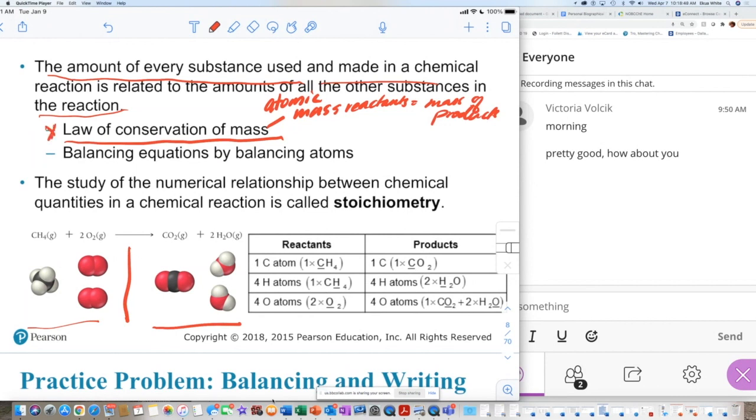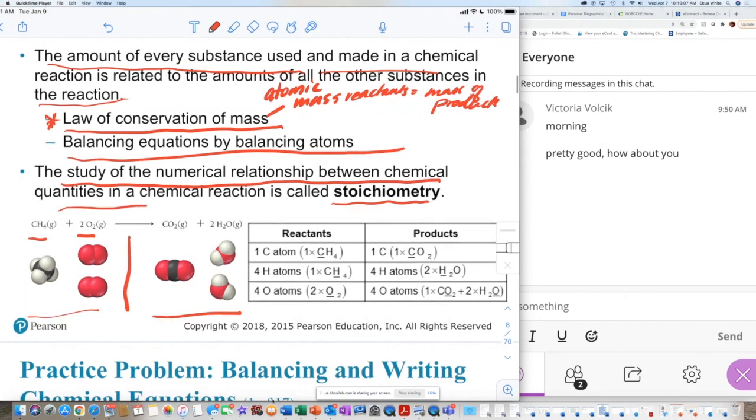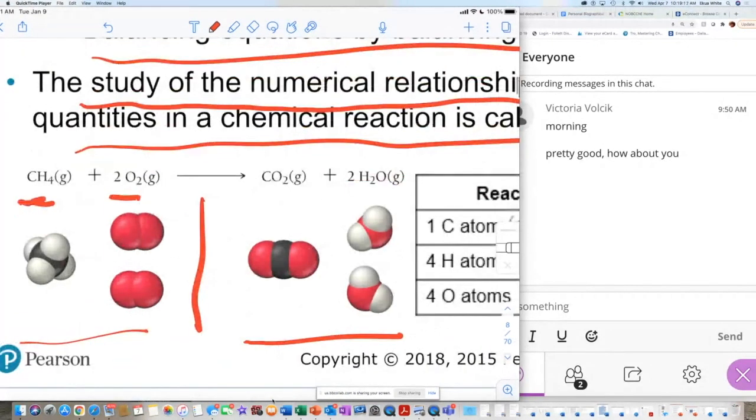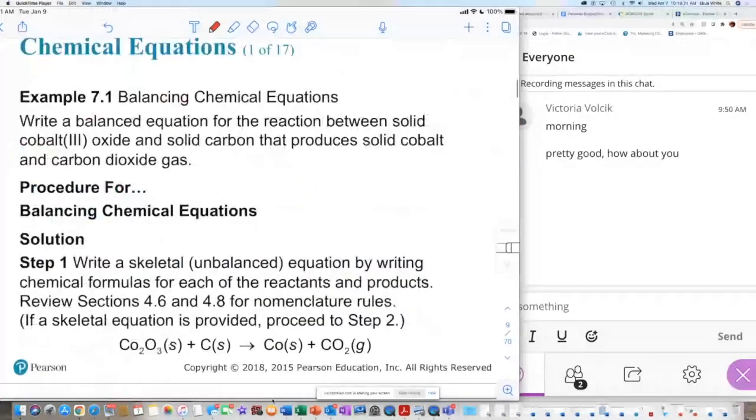So you only get to this point after you've balanced the equation. When we start to relate the amount of substances in the balanced equation, this is called stoichiometry. They say the study of the numerical relationship between the chemical quantities in the chemical reaction is called stoichiometry. When you start relating the numerical amounts of either the reactants or reactants and products, this is called stoichiometry.